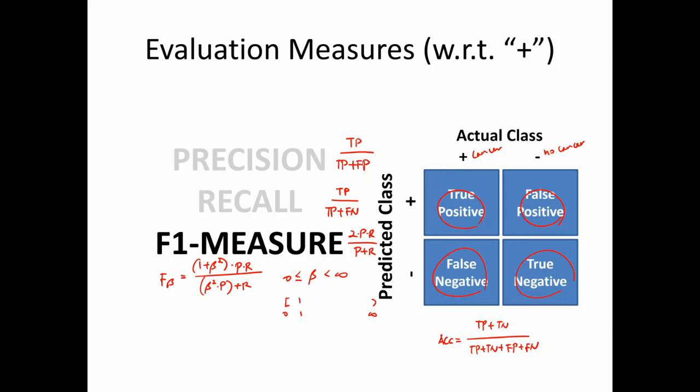And when you plug in 1, that's how you get F1. And when you plug in 0, F of 0 is just PR over R, which is P. And when it goes to infinity, it's the opposite effect, so it becomes R. So the beta value determines whether the precision is being weighed more or the recall is.